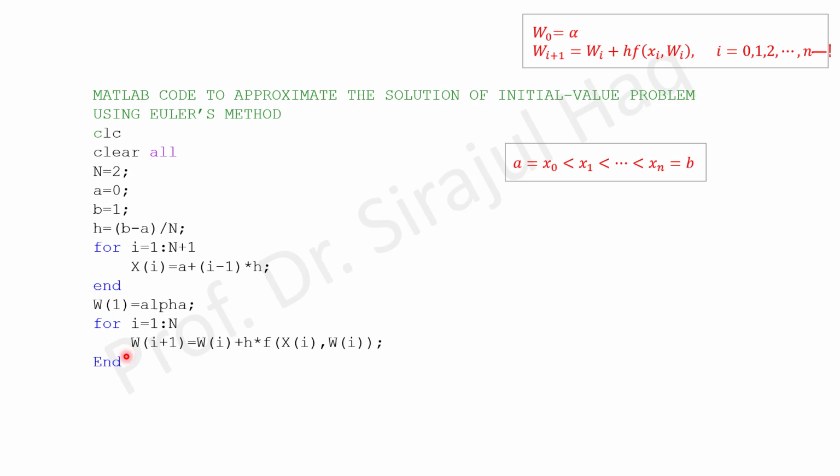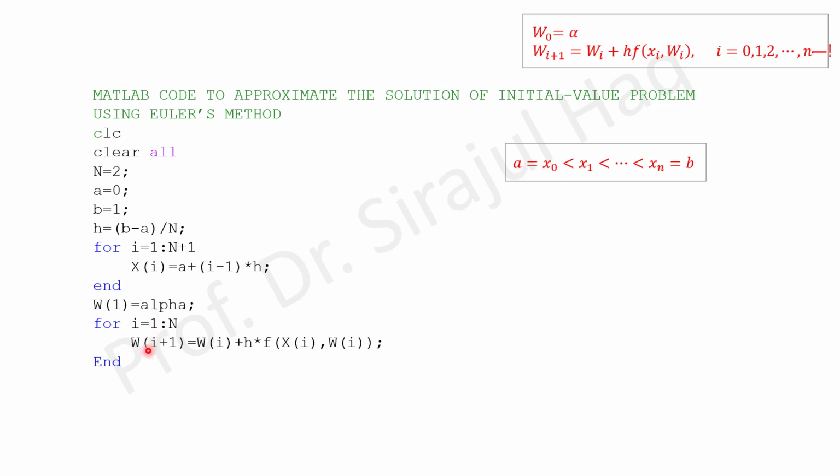So when i is equal to 1, you are getting w2. w2 is equal to w1, which we have defined before, plus h you have defined before. f of, this is the function. And you know that if you are defining a function file for it, if you are writing your function over here, replace x by x1 and y by w1. So x1 is coming from here and w1 is coming from there. So you will get w2.